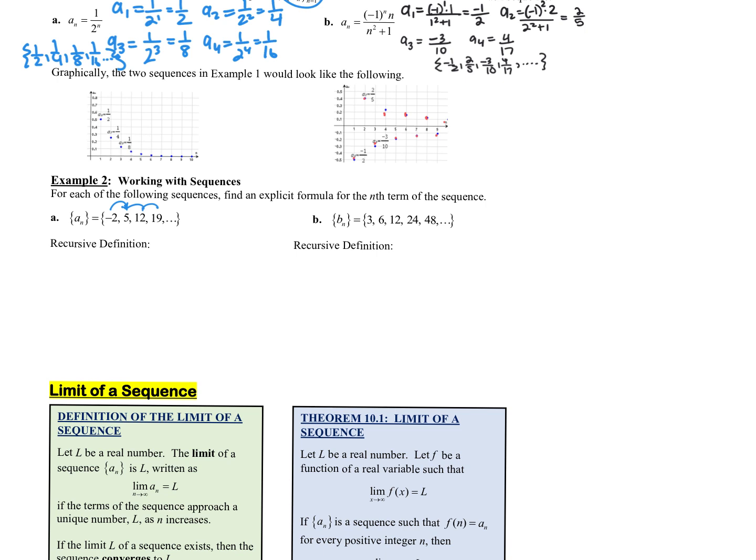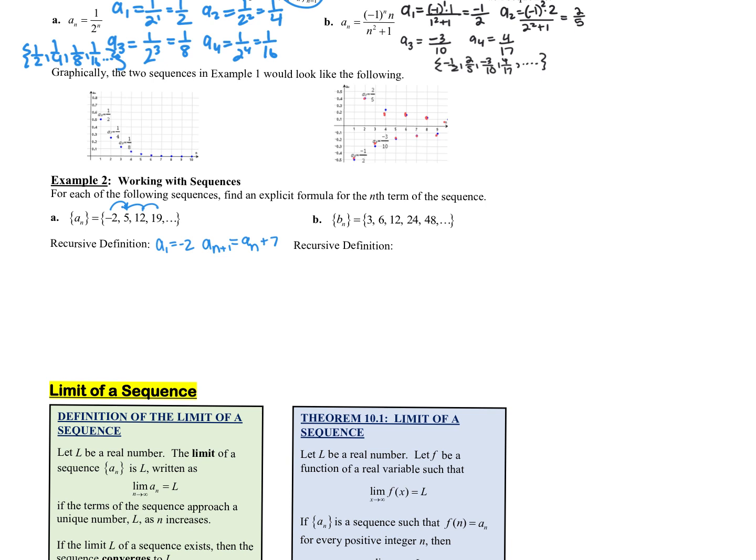So the recursive definition would say the first term, A1, is -2, and then every next term will be defined by the term in front of it. So A(n+1) will be the term before, A(n), and then you'll add 7.